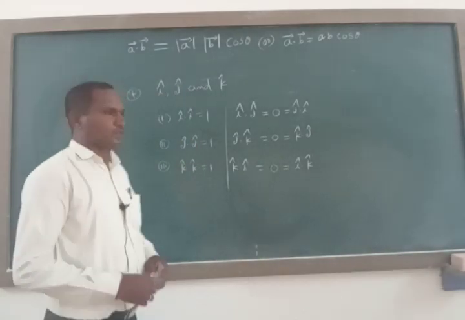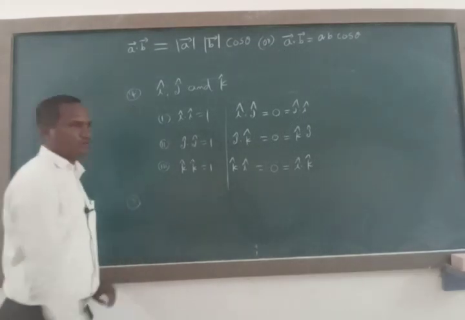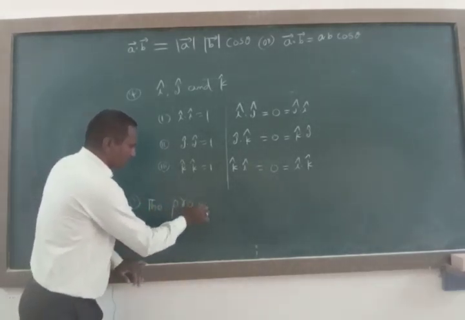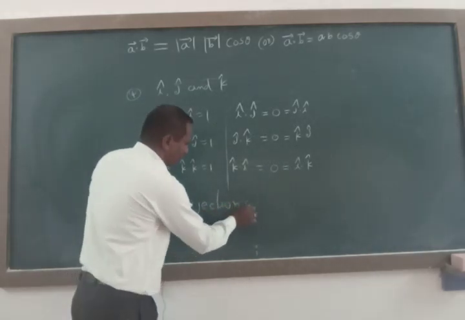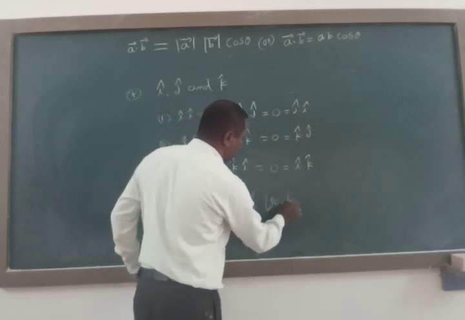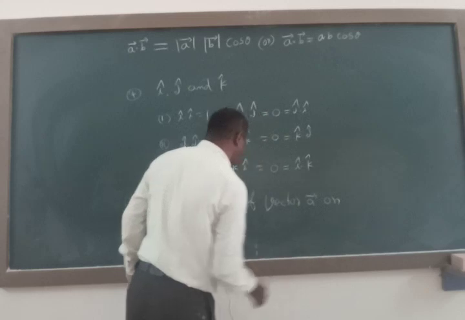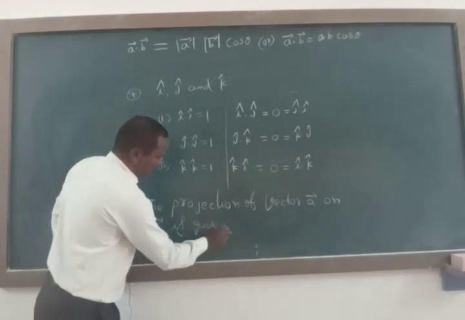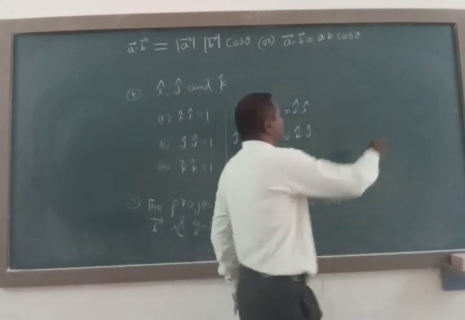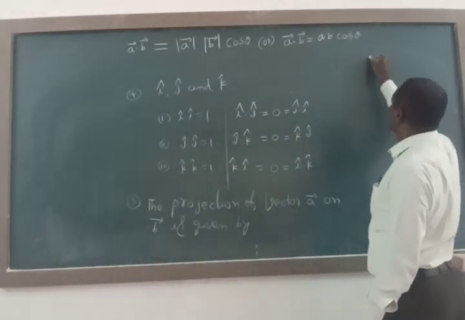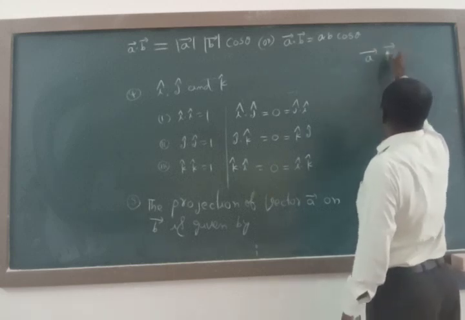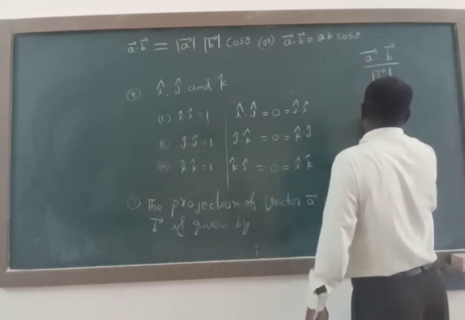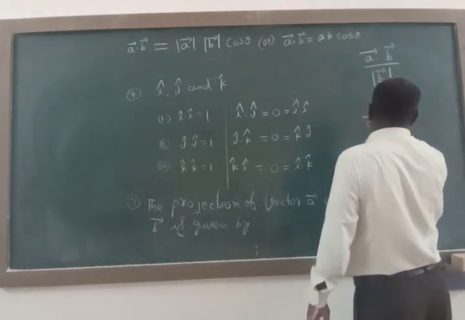Projection rules here. The projection of vector A bar on vector B bar is given by A bar dot B bar whole divided by the magnitude of B bar, or we can write this as A bar dot B bar by magnitude of B bar.